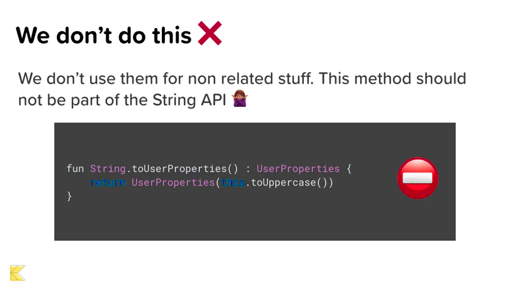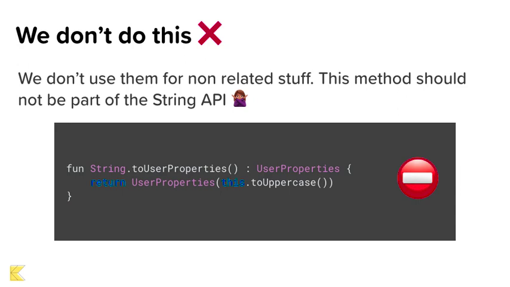This user properties concept is part of my own logic and my class and my library that I'm creating. And if I create this extension function and ship a library with this function in, it means that everyone consuming my library will have access to this arbitrary method that is not related to a string at all, right? It's very specific to my use case.